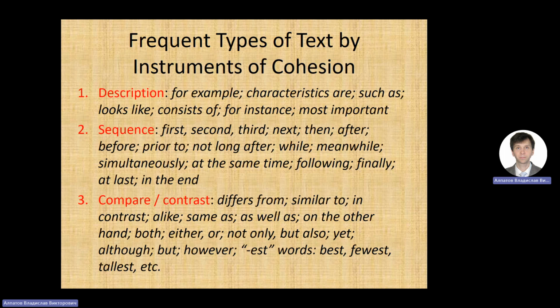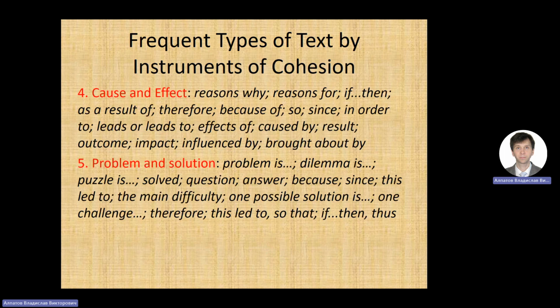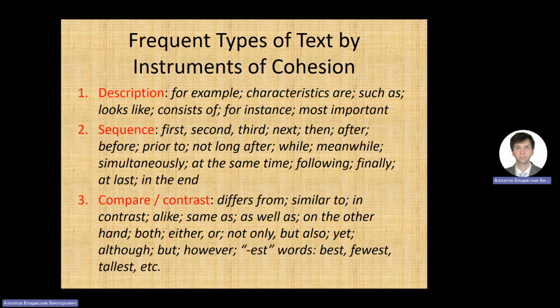So the 5 types of text are description, sequence, comparing and contrasting, cause and effect, problem and solution. So description is often introduced by cohesive elements like, for example, characteristics are, such as, looks like, consists of, for instance, most important. Then sequence. Sequence can be about narration, can be about events, it can be about recommendations, could be about advice.